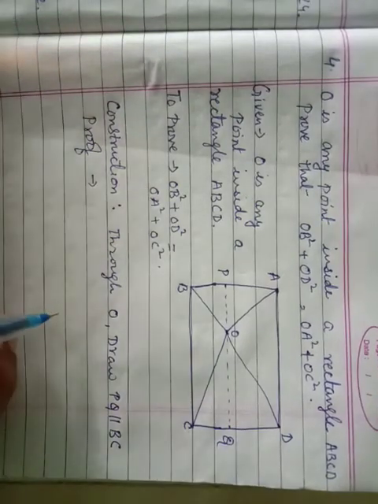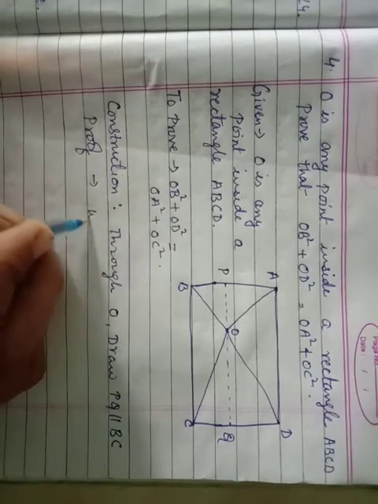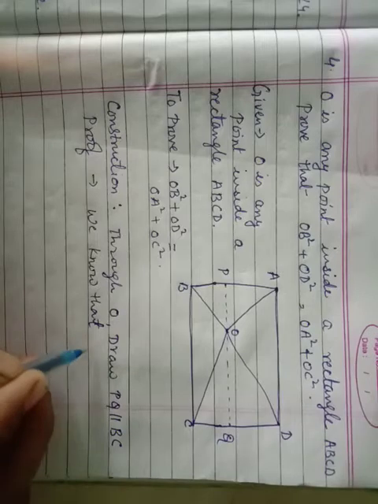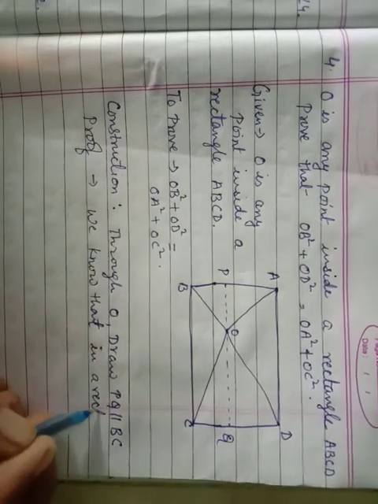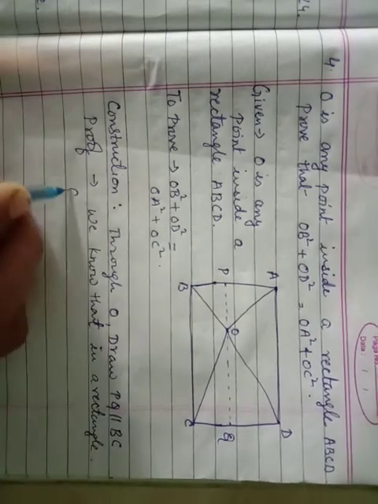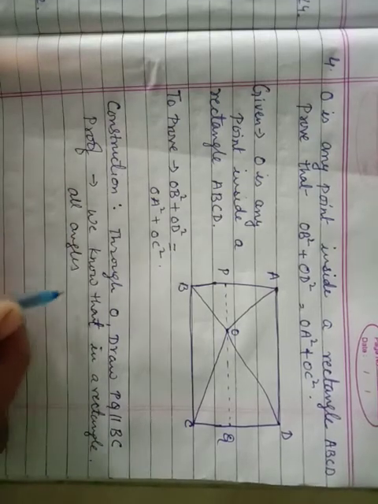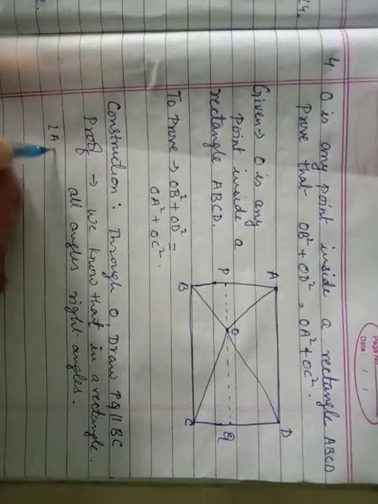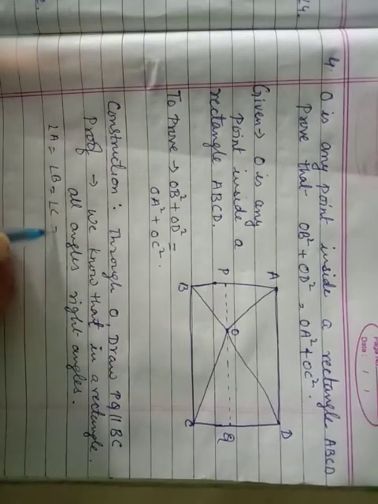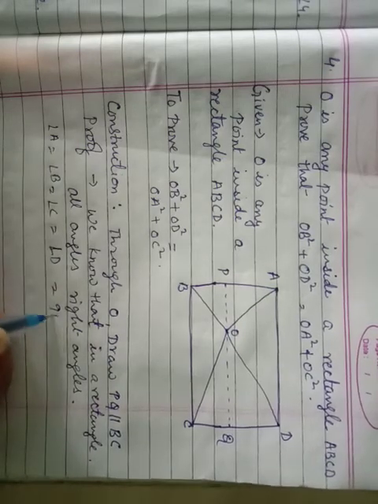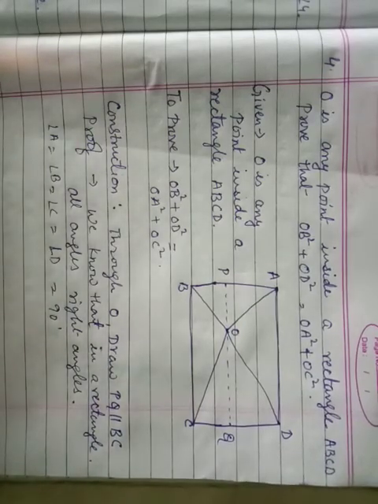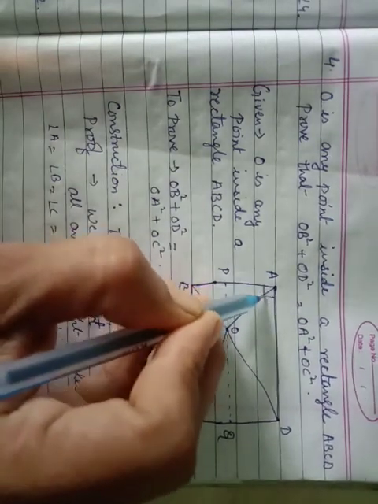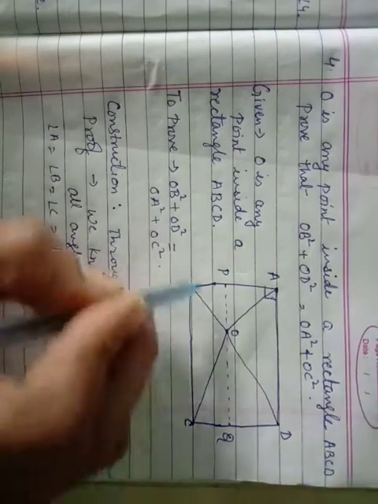See, we know that in a rectangle all angles are right angles, meaning angle A is equal to B is equal to C is equal to D, all are right angles. So if you see this figure, here it is a right angle. And PQ is parallel to BC.